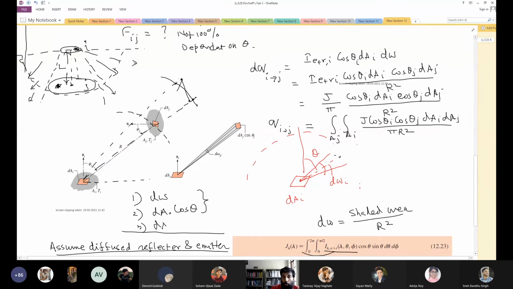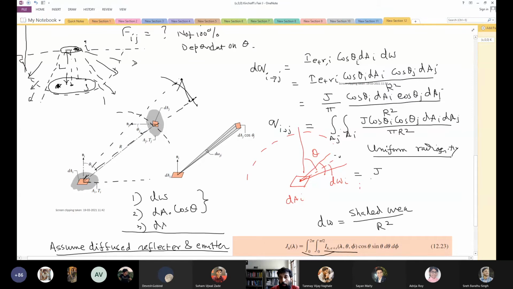Okay. So now, additionally, we assumed already a diffuse reflector and emitter of uniform radiosity. Then J is not a function of the area, so J comes out.